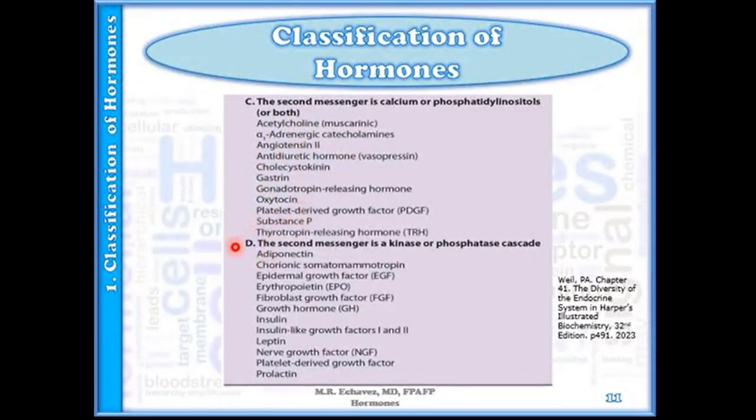And then lastly, you have those that use kinase or phosphatase cascade. If you look at the hormones under this group, you would notice that they are related to growth: your insulin-like growth factors, growth hormone, fibroblast growth factor, erythropoietin, and the like.